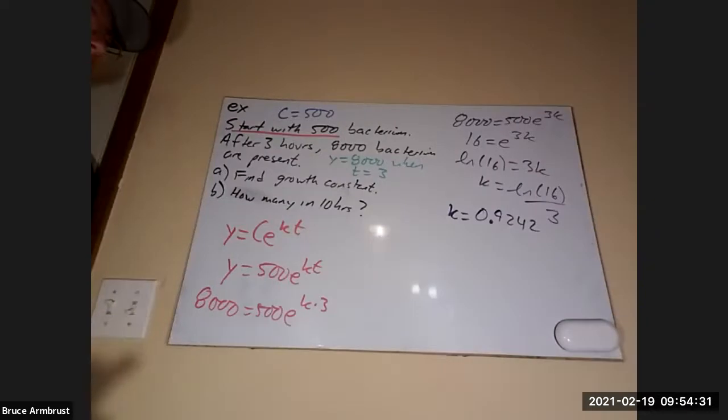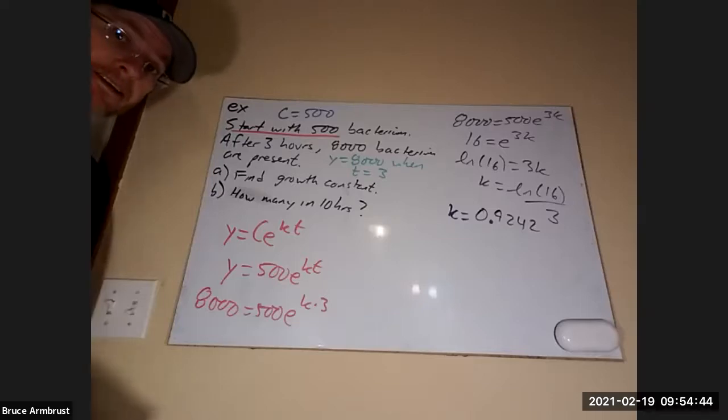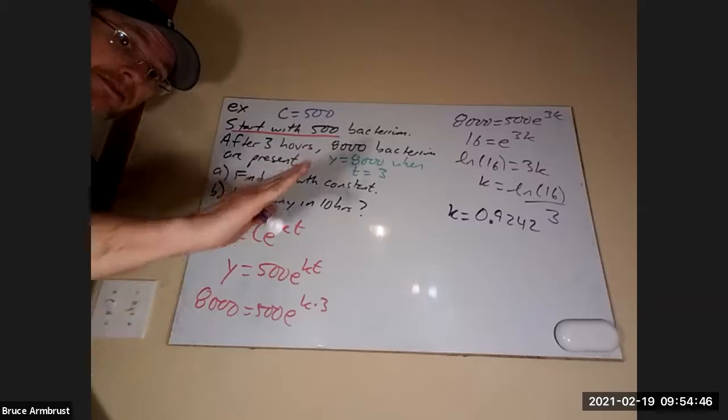So that's the growth constant for this bacteria, 0.9242. It's positive, which it must be because we're growing.